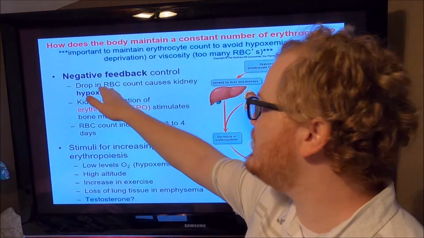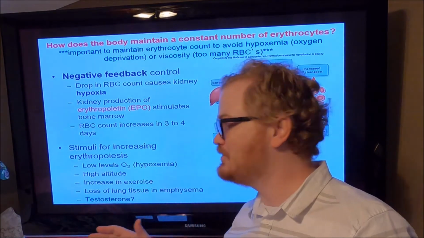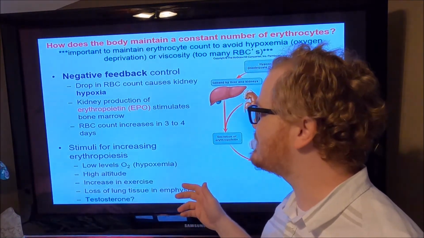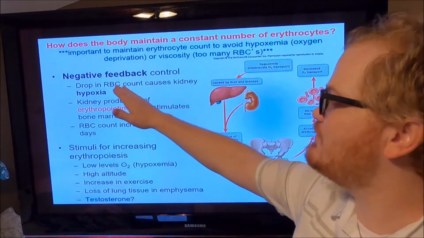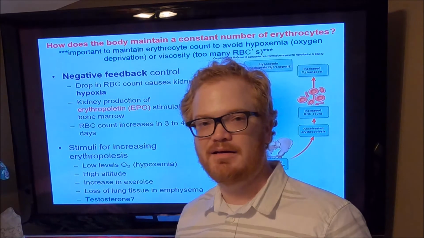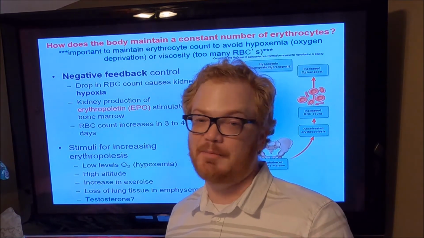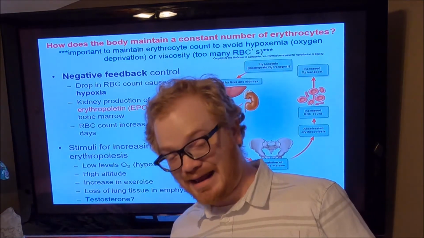Well, it's a negative feedback control system, as with every homeostatic function of the body. For the most part, these are all going to be negative feedback systems, and it goes as follows. If you have a drop in red blood cell count, that's going to make the kidneys go hypoxic. They're going to be in a low oxygen environment. And when the kidneys find themselves in a low oxygen environment, they don't care for that at all.